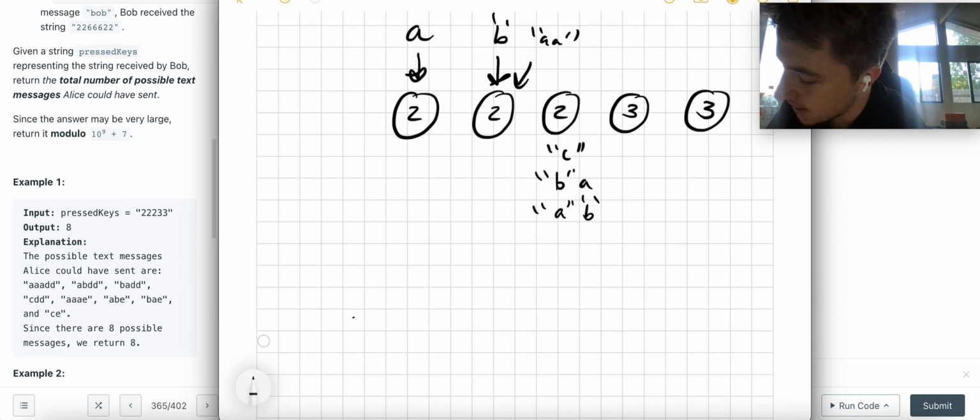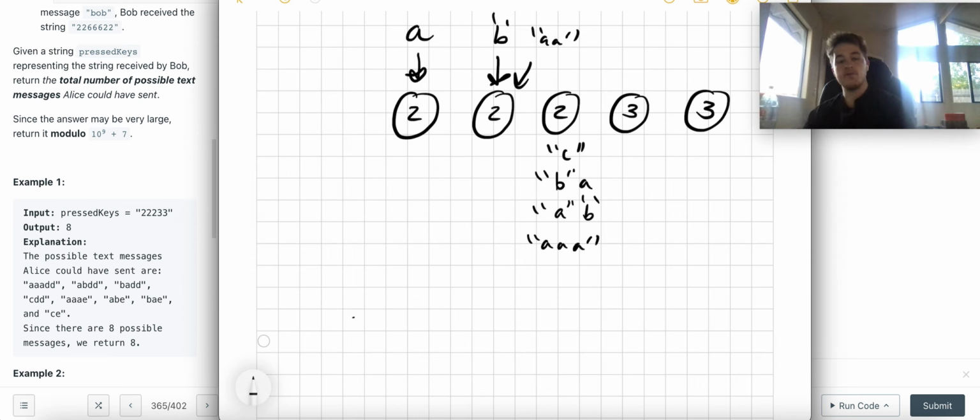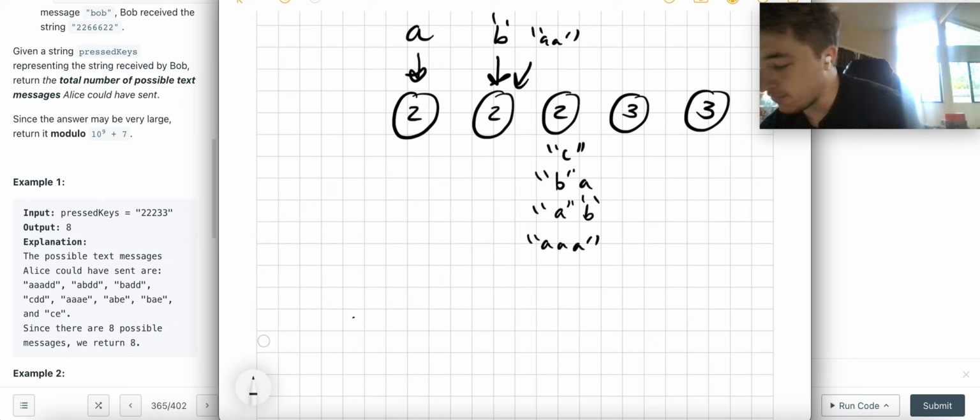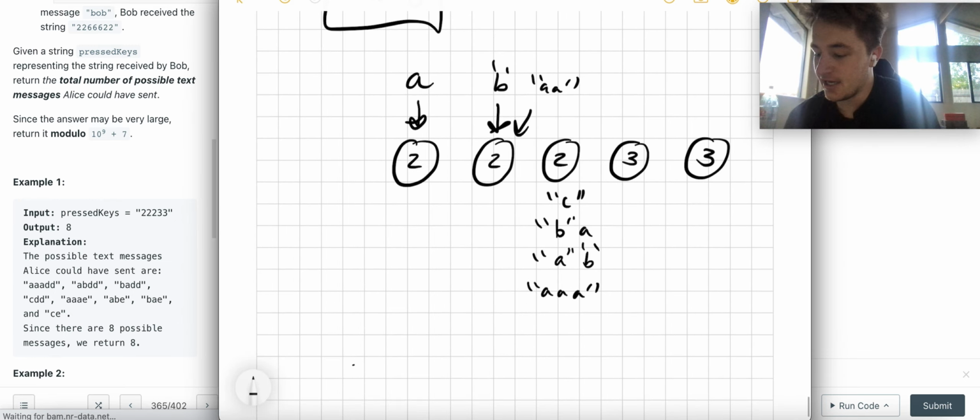Or I typed three A's in a row. Okay, so those are the four possible things I could have typed to get to this point where there are three 2s.